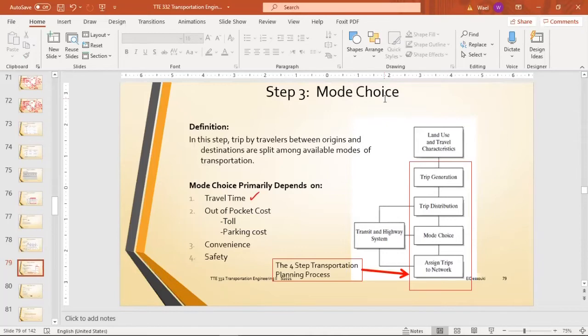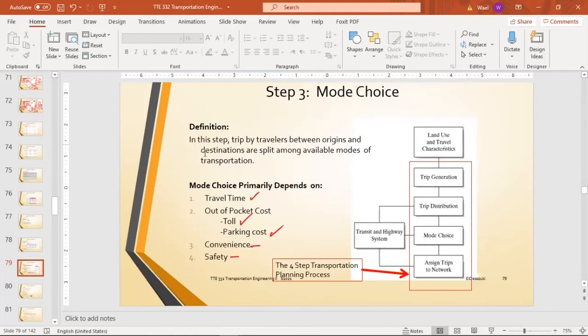First of all, congestion and travel time, and also parking cost. If you park your car in Manhattan, it will cost you a fortune. And also crossing the bridges or the tunnels, you are paying tolls on each of these. So that's another, and for convenience and for safety. So these are all factors that play a role in travelers' decisions on which mode to use.